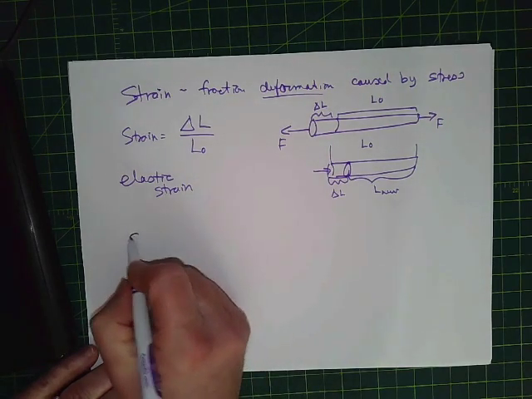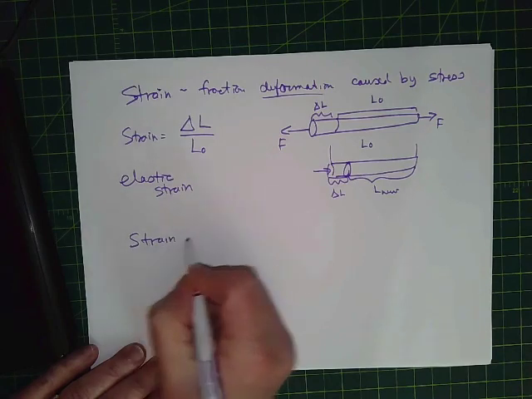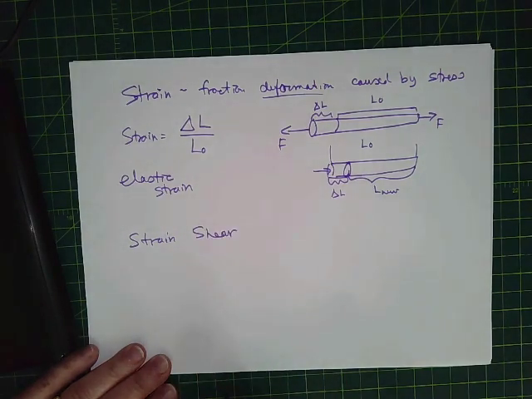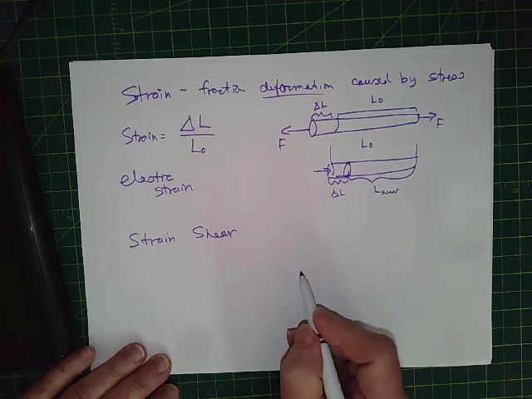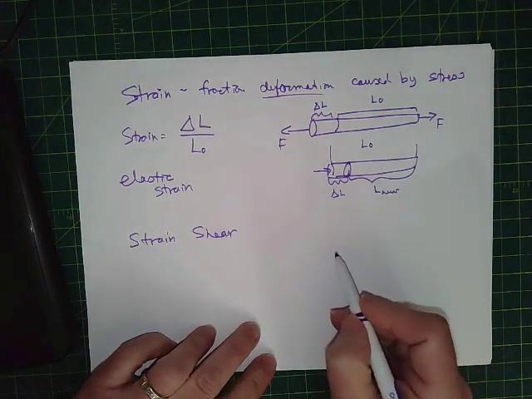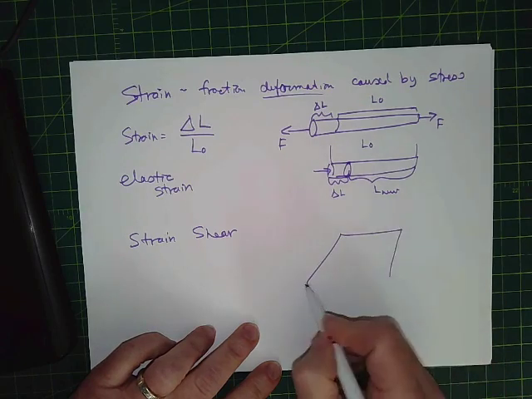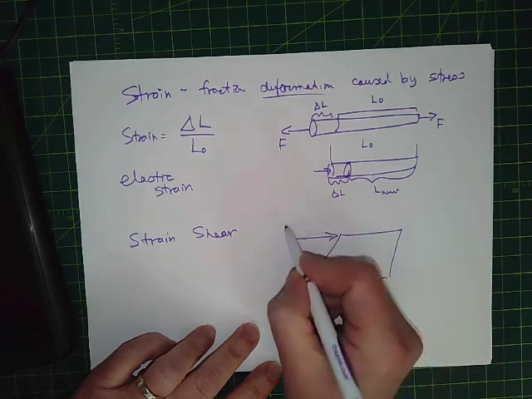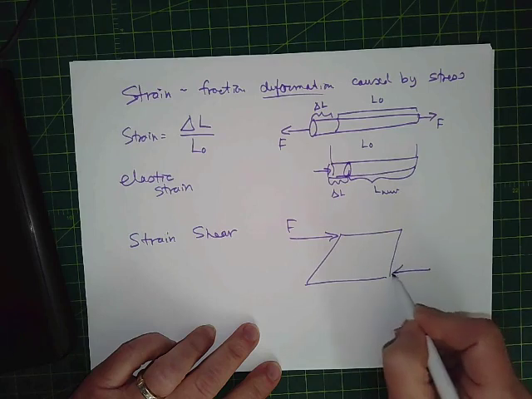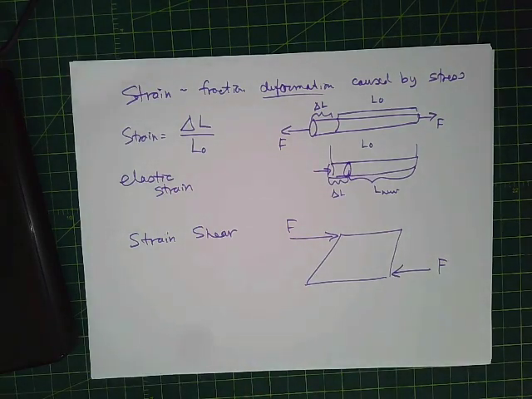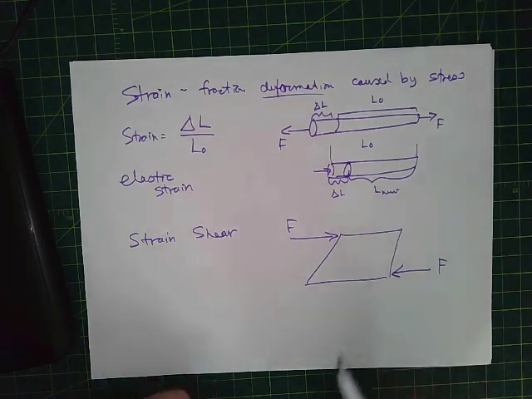But we can also have strain from shear, shear strain. In that case we have a change like this. The forces are pushing and tend to make it bend.